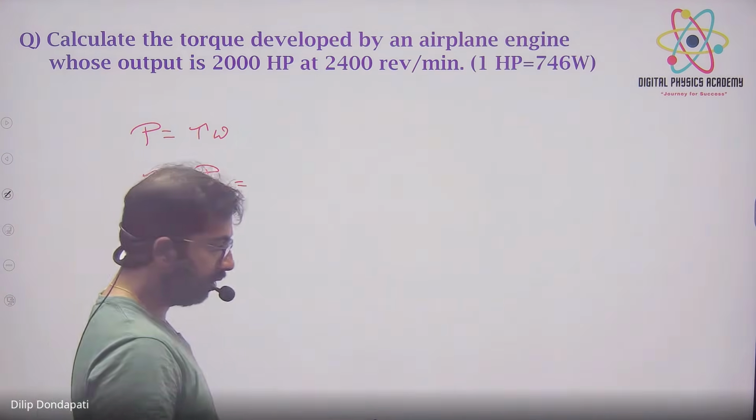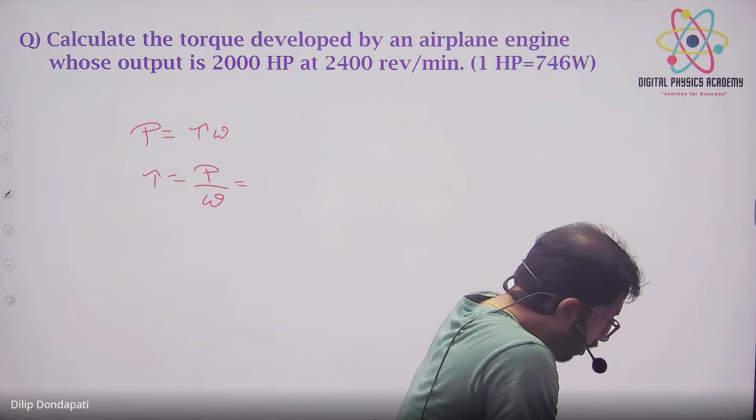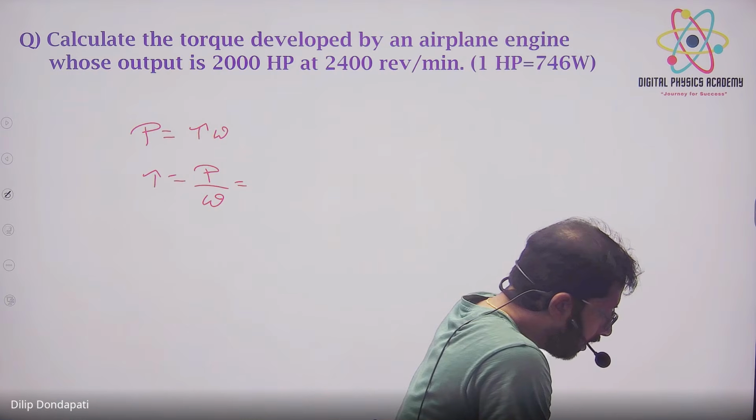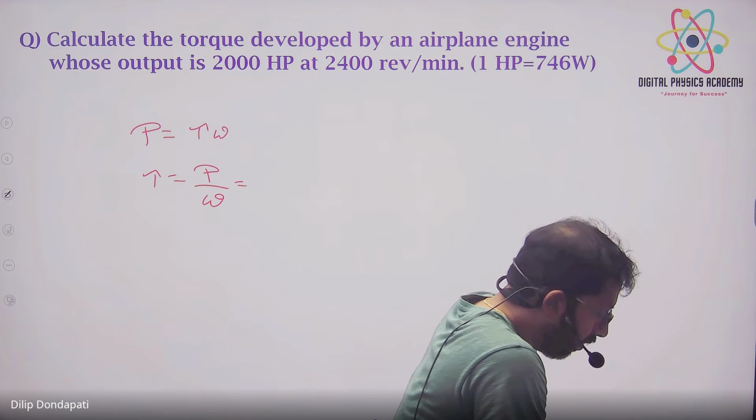Sir, I forgot to multiply by 746. Oh, okay. So then you'll get one big answer, no? Yes, say the first number. One number should be the same. So I got 6,206. Approximate that only. Yes.